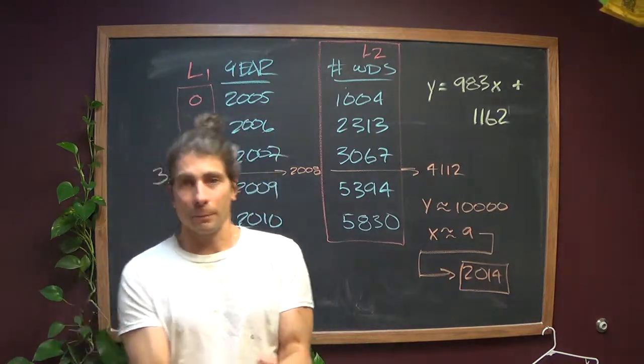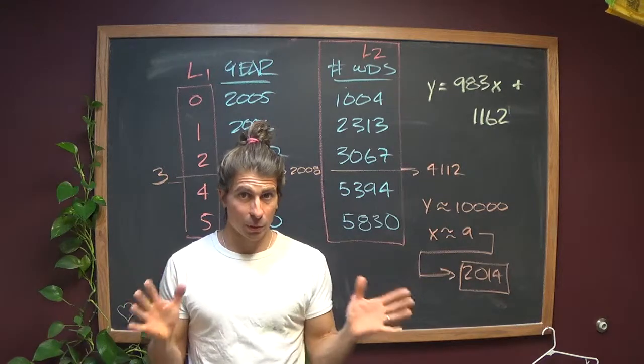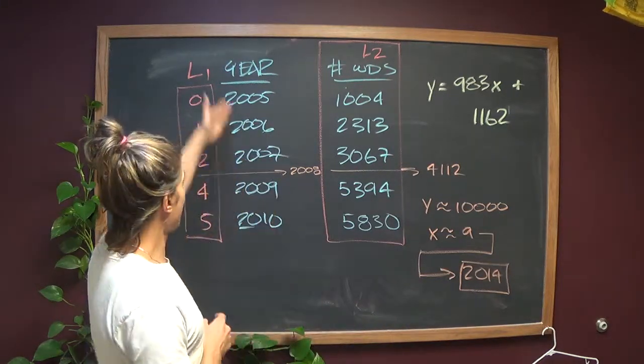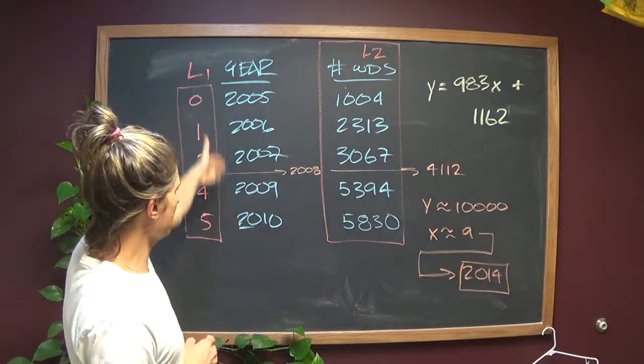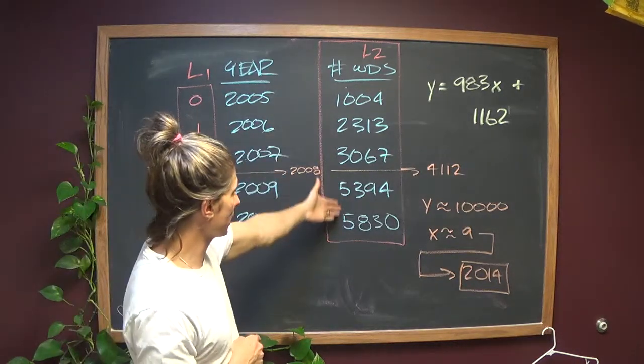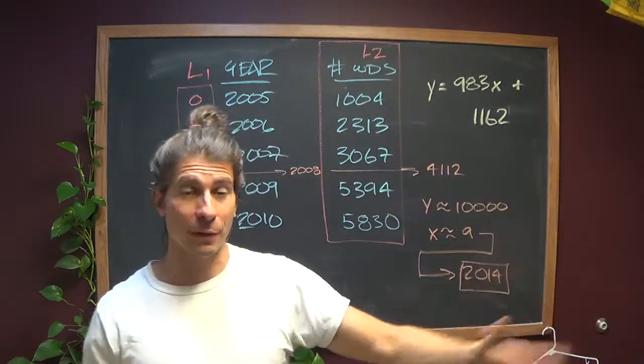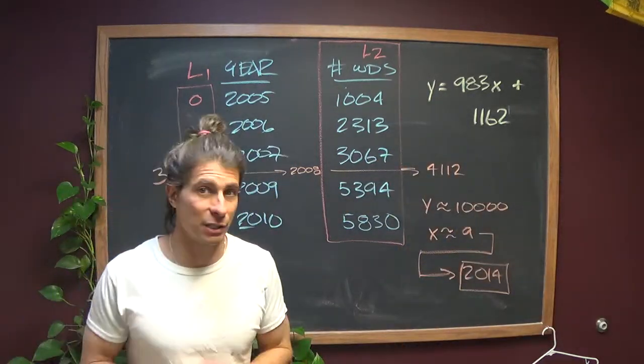The absolute largest problem with extrapolation is that you're assuming that whatever data pattern exists from 2005 to 2010 is going to continue into the future, and there's no guarantee of that.